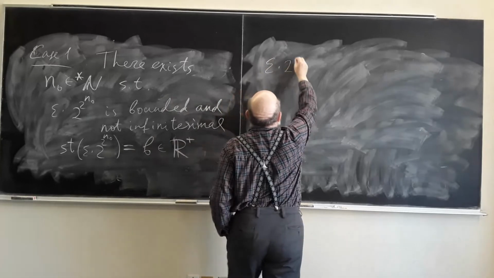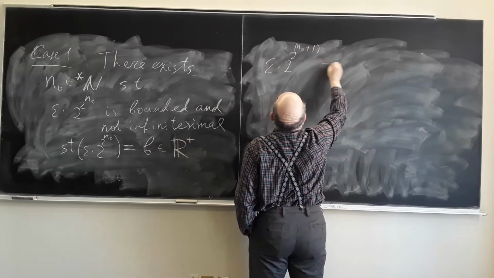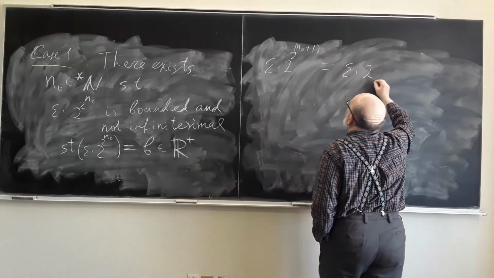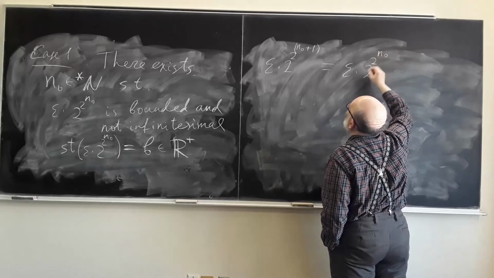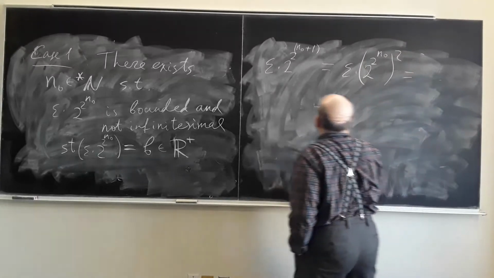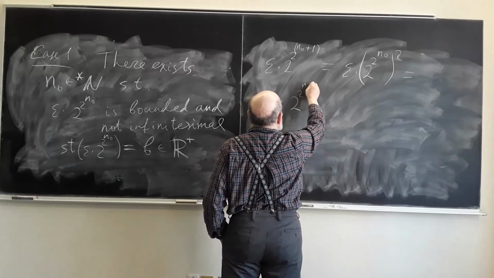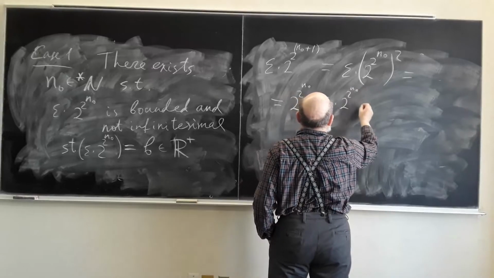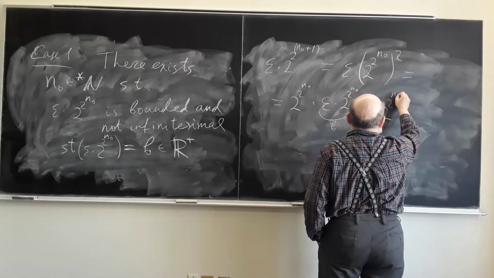So epsilon times 2 to the power 2 to the power n0 plus 1, for example, equals epsilon times 2 to the power 2 to the power n0, squared, equals 2 to the power 2 to the power n0 times epsilon times 2 to the power 2 to the power n0, and this is b, equals 2 to the power 2 to the power n0 times b.